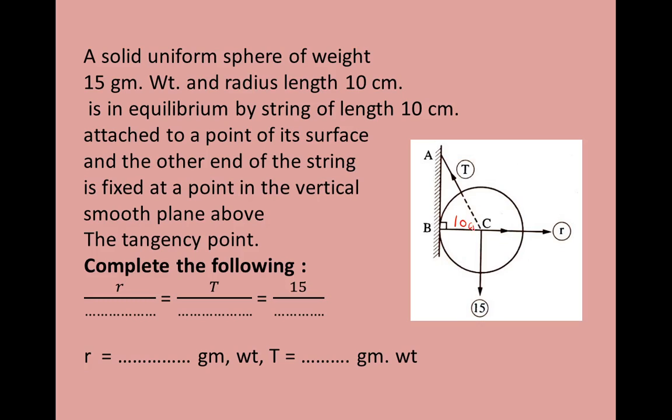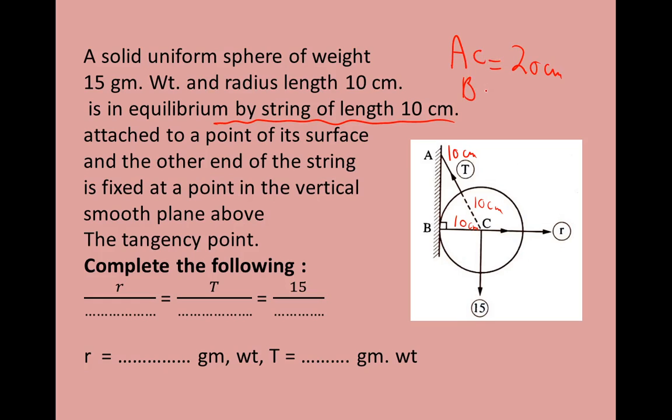Also, this radius equals 10. And the length of this string also equals 10 centimeters. Take care, the hypotenuse of the right-angled triangle, AC, equals 10 plus 10 equals 20 centimeters.